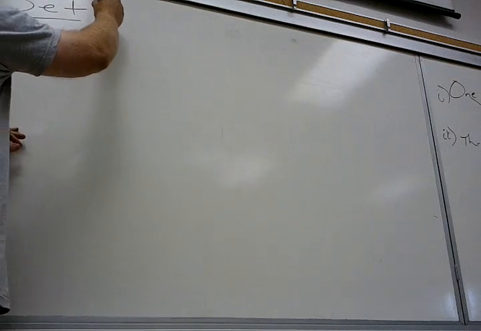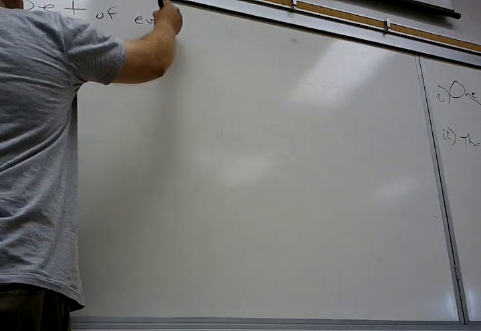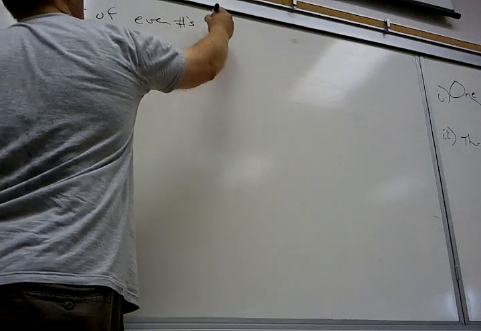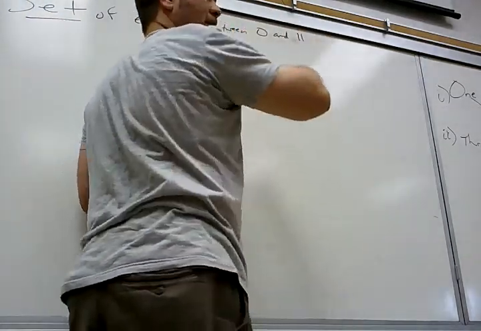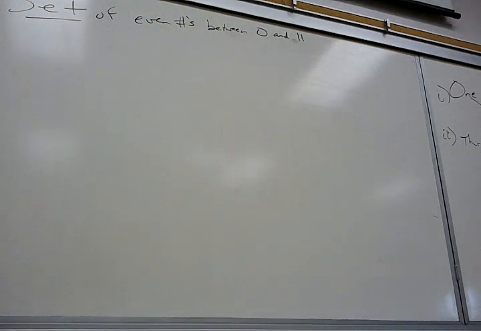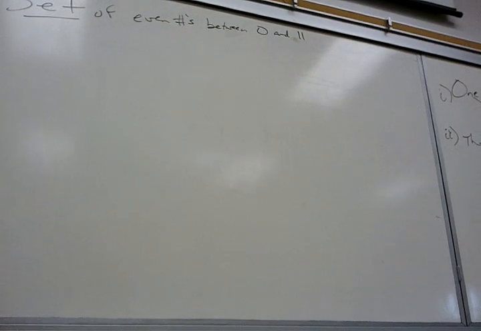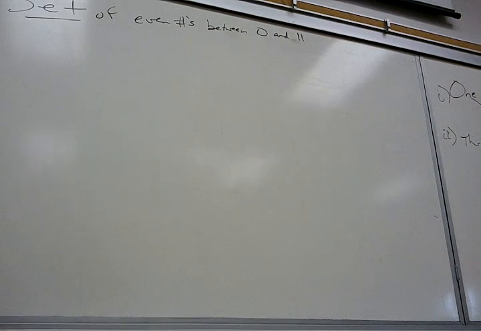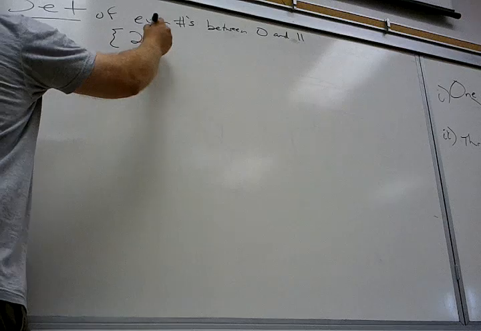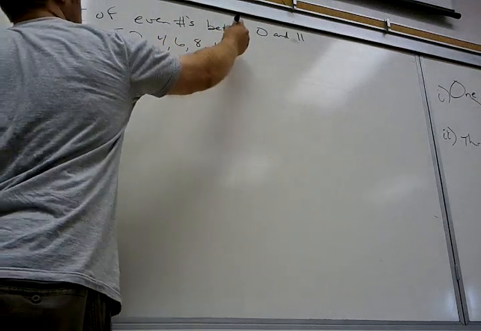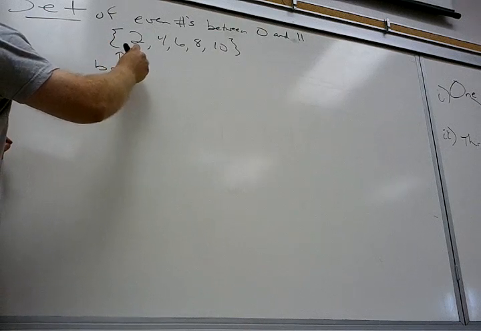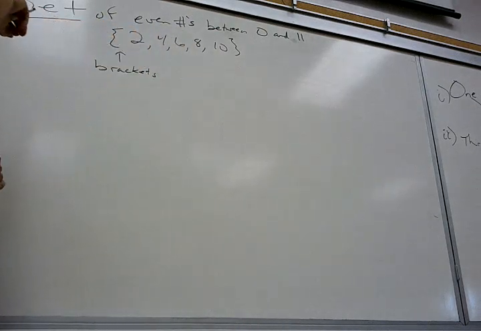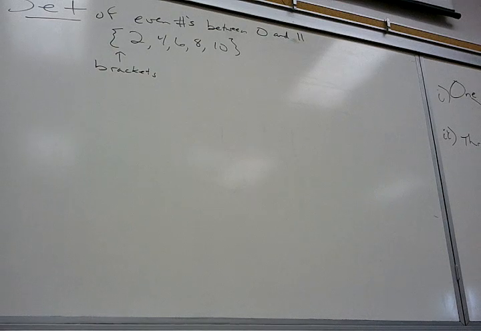If I want to say the set of even numbers between 0 and 11, what are those? 0 itself is not really either one. So you'd say 2, 4, 6, 8, 10. And these brackets tell you that you've created a set of numbers. So this is when you want to make a list of numbers.